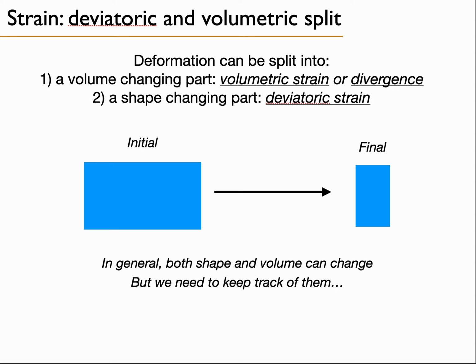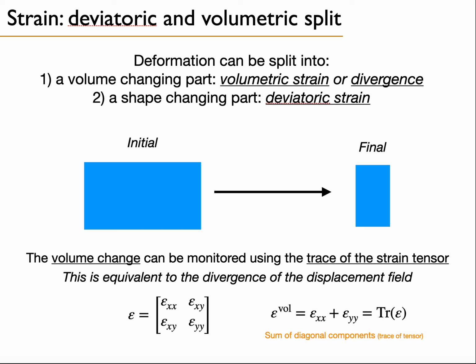So in general, both shape and volume changes take place during deformation, so we need to keep track of them, and that's not the simplest task. So how to keep track of both the volume change and the change of shape?